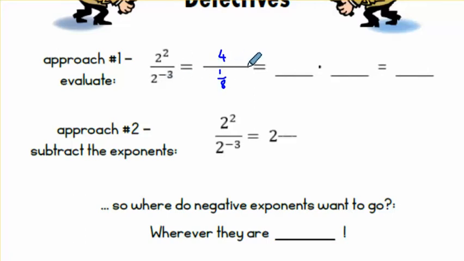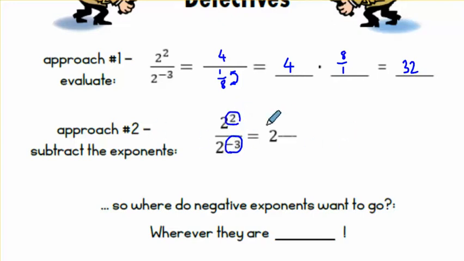So really what we're doing is we're taking 4 and dividing it by 1/8. So if we keep, change, and then flip, this winds up being 4 times 8 over 1. 4 times 8 is 32.